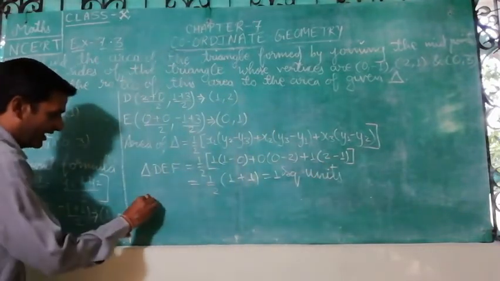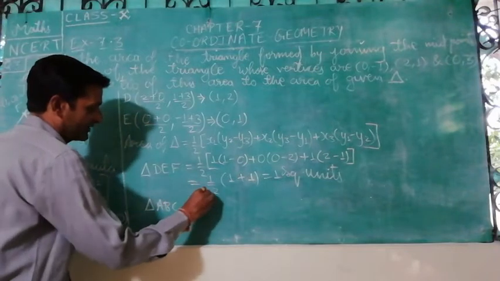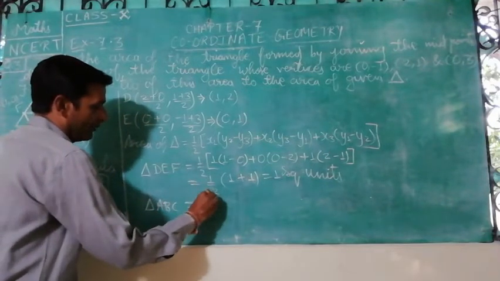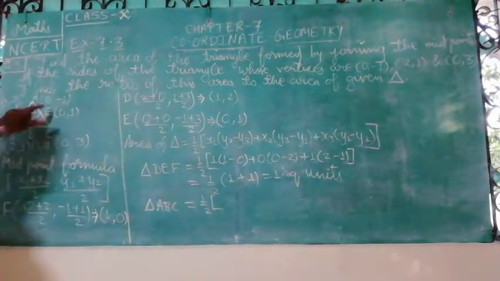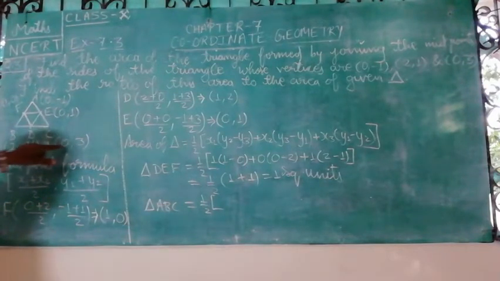Now the area of triangle ABC. Again we are applying the same formula here, but here x1 y1, x2 y2 and x3 y3 are these coordinates: (0, -1), (2, 1) and (0, 3).